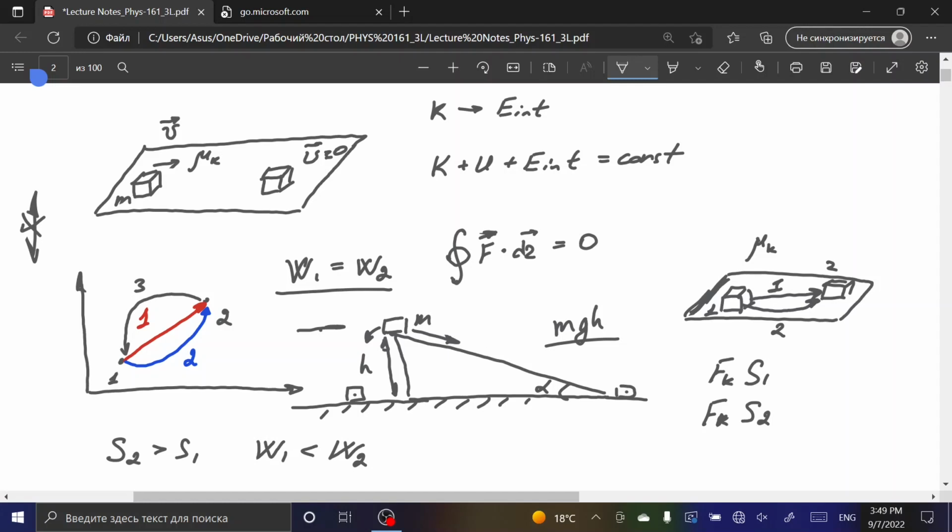And as a result, any work done by friction force is dissipation of energy. So let us summarize our discussion today. We introduced kinetic, potential, and internal energy. We know that there is conservation of energy, meaning that the sum of potential, kinetic, and internal energy remains constant. So that is the key.